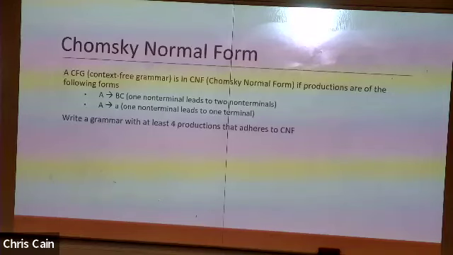It seems like I was only able to write a grammar that accepts one string. A grammar that accepts a single string, you can totally do it. Well, I don't see how you would do one that accepts multiple strings with these rules. Oh. A leads to BC.